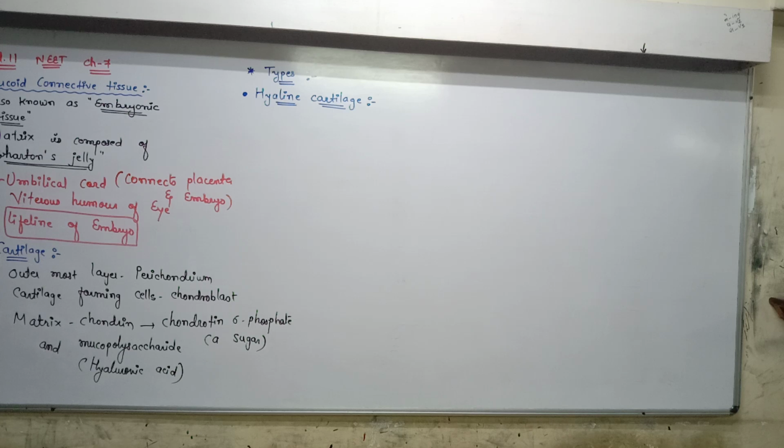But this calcified cartilage is modified cartilage because it deposits calcium salts and becomes hard like bone. It is cartilage but hard like bone. Please clarify this word. Okay, it is the hardest cartilage of the body.